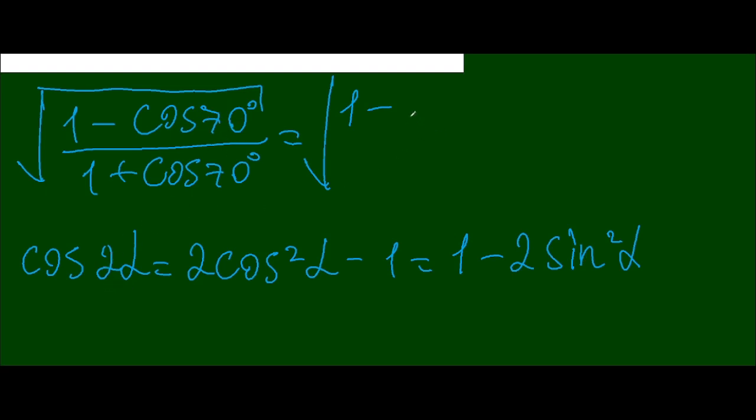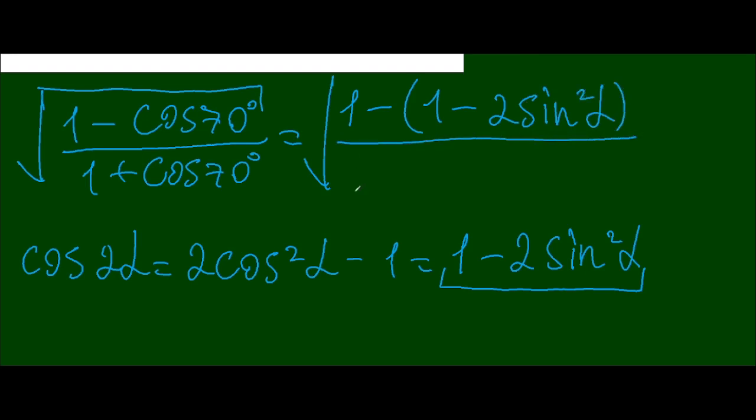So on the top it will be 1 minus 2 sine squared alpha over, at the bottom, 1 plus 2 cosine squared alpha minus 1.